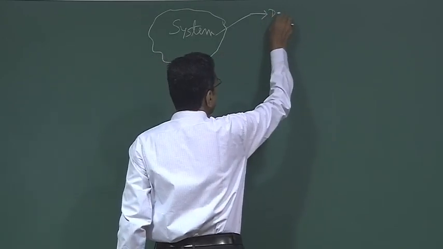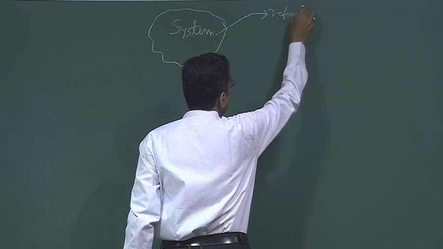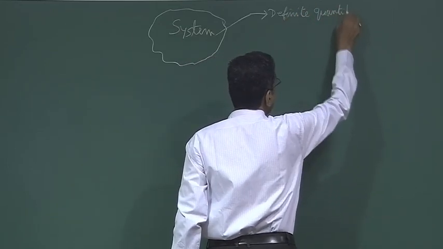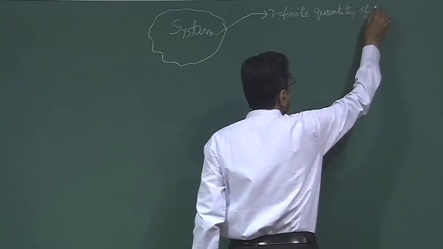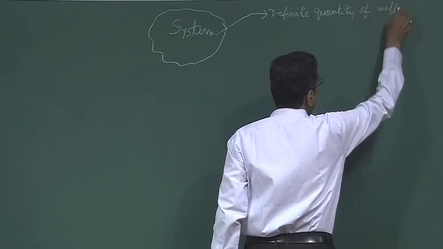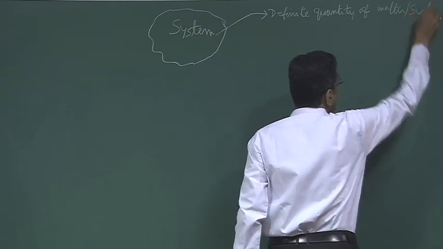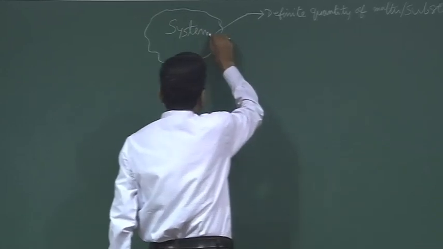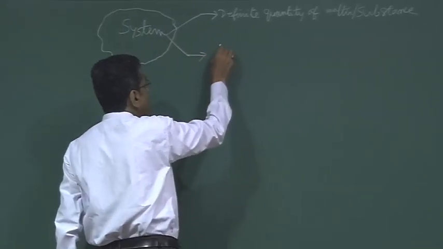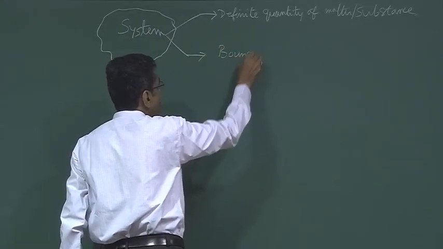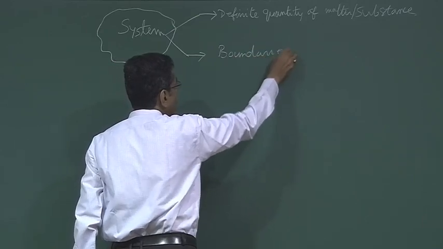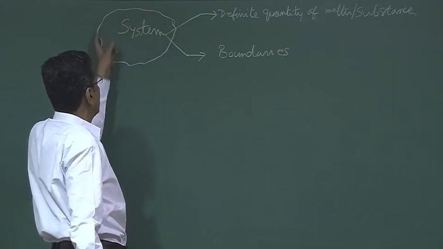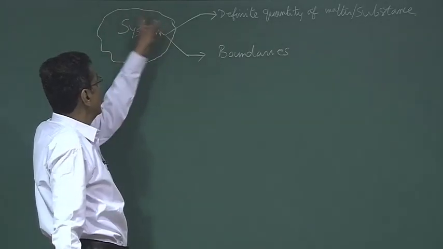One is the definite quantity of mass or definite quantity of matter or substance, and it will have a boundary, and this is known as system boundary. This is the boundary of the system.